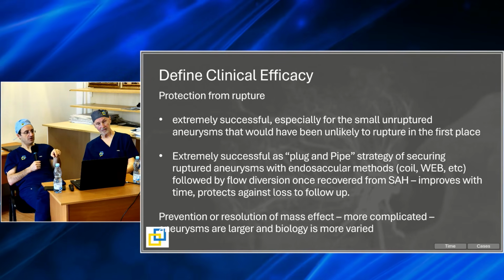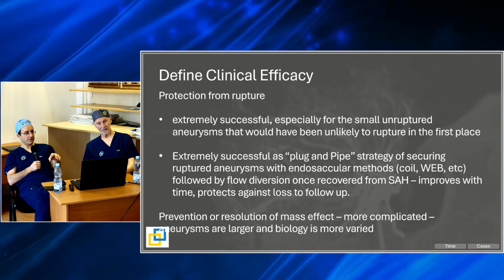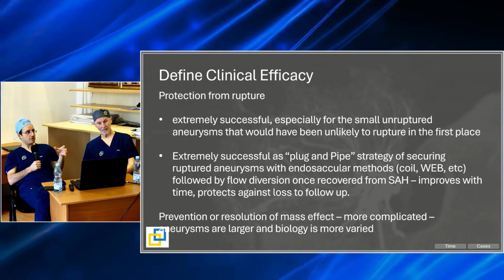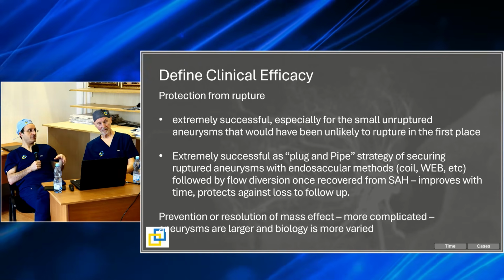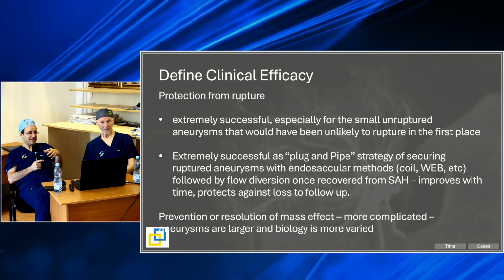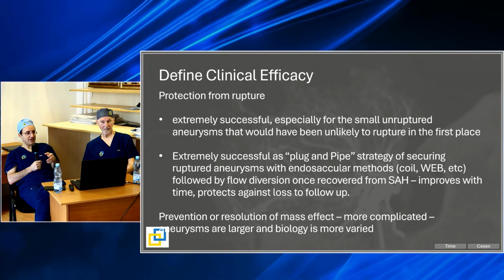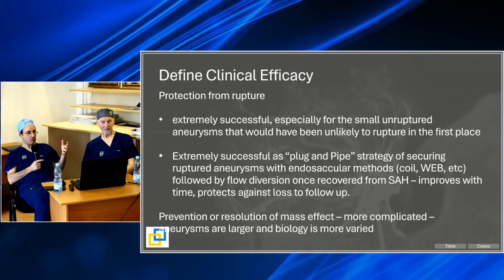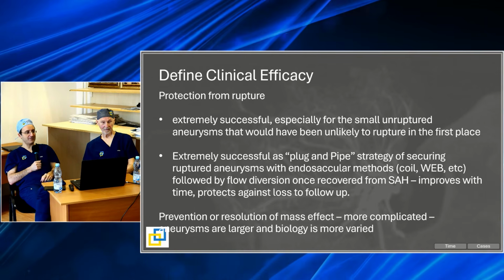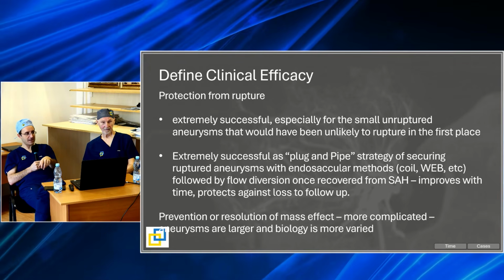Now, it's harder though. That's the bulk of aneurysms we treat. For mass effect, I think it's a much harder problem because the aneurysms are usually much bigger. They're more aggressive. They've already demonstrated a more aggressive biologic behavior by having attained the size they have to cause the mass effect, okay?